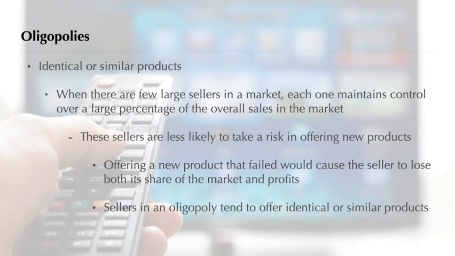Because the sellers have so much at stake, they are less likely to take risks, such as offering new products. If a seller introduced a new product that failed, for example, that seller's share of the market and its profits likely would drop significantly. Thus, sellers in an oligopoly tend to offer identical or similar products.